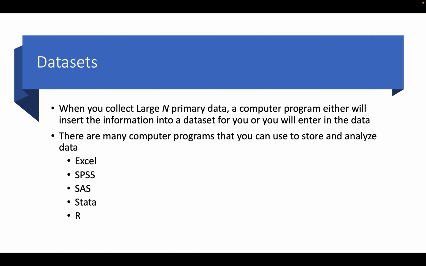R is open source, so we often have to construct our own routines to analyze data, but it's relatively popular. Stata is used fairly frequently by professional political scientists. In other words, there are choices that we have in terms of computer programs. In POLS 301, the second of this two-course research method sequence, we will use SPSS.